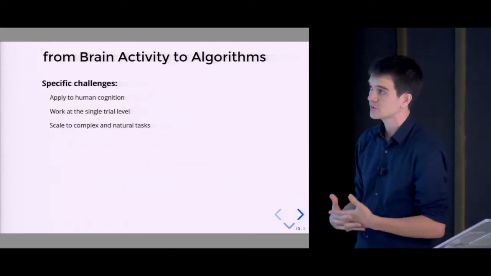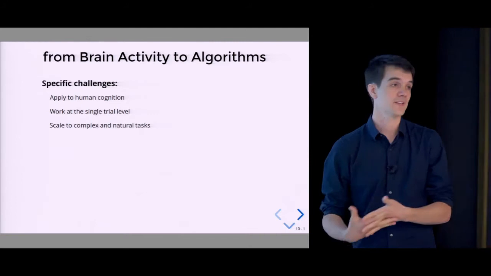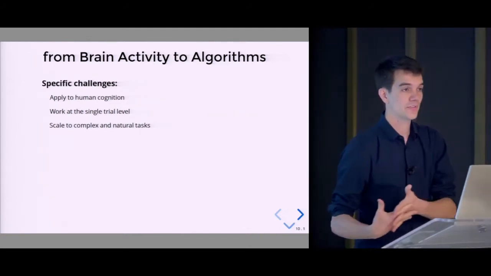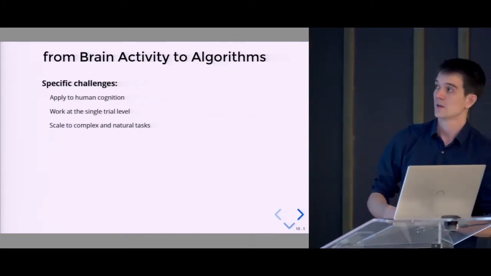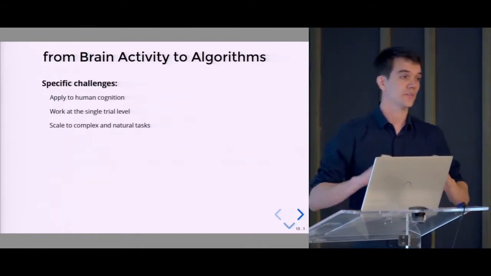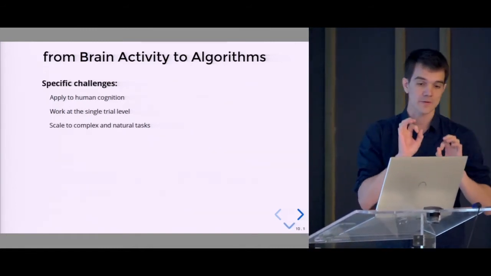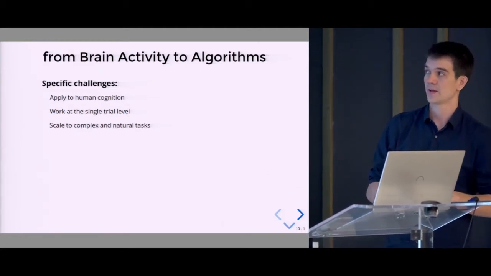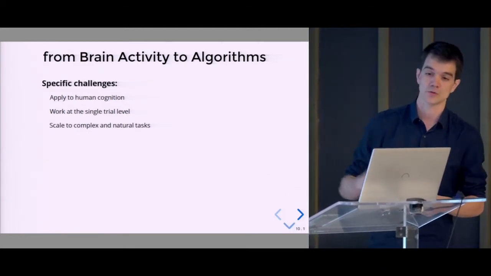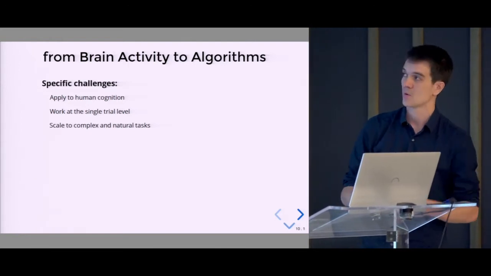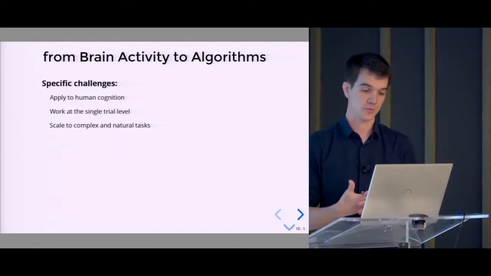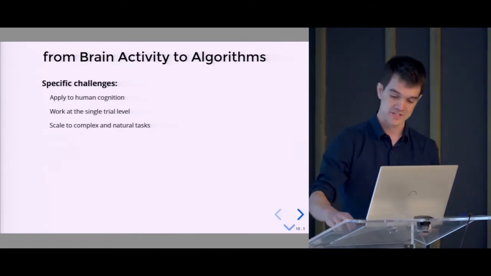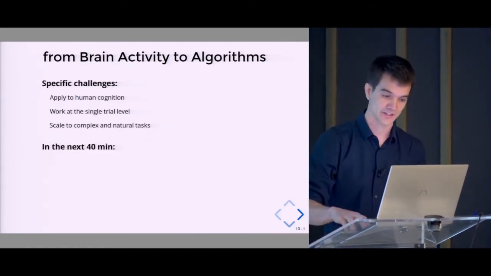And we also want to have tools that scale to complex and natural tasks. And this we'll see in the second part of the talk. Most of the time, what we do in cognitive neuroscience is to develop tools that work within very carefully controlled factorial experiments. And obviously, what we really want to go towards is tools that work on tasks that are potentially much more difficult, the kind of tasks that are interesting in AI and in machine learning.